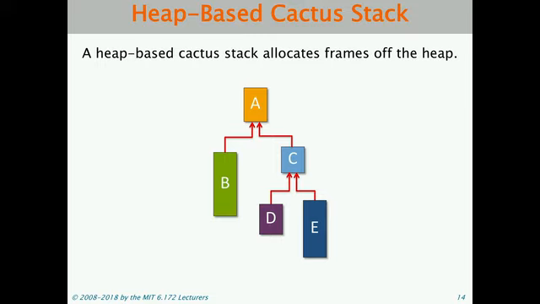So let's say I have some old legacy code that was already compiled using the traditional linear stack. So there's a problem with interoperability here because the traditional code is assuming that when you make a function call, the stack frame for the function call is going to appear right after the stack frame for the particular callee function. So if you try to mix code that uses the traditional stack as well as this heap-based cactus stack approach, then it's not going to work well together.